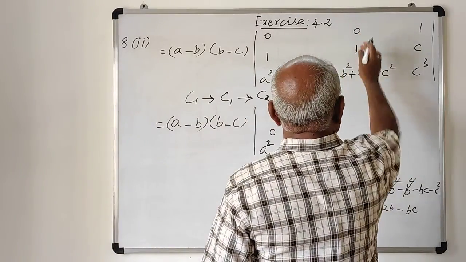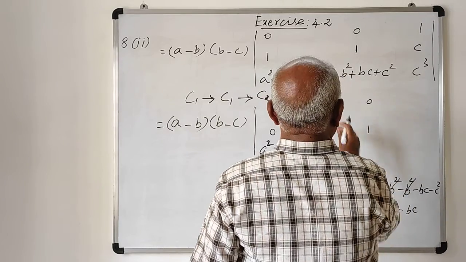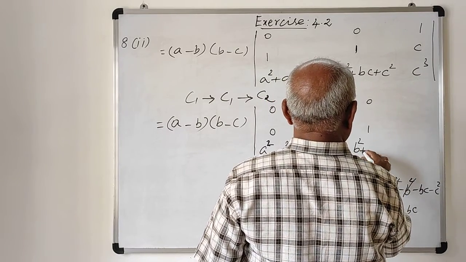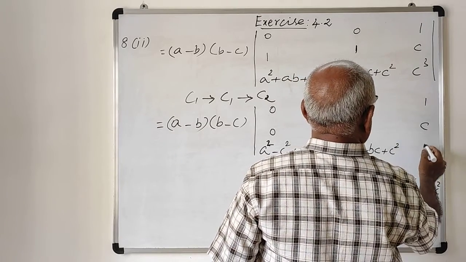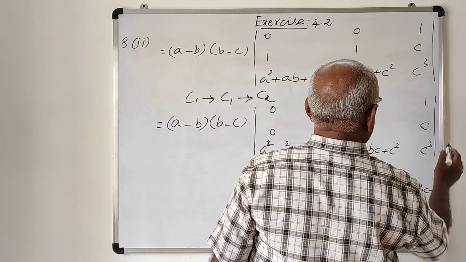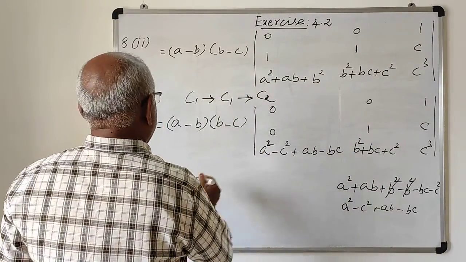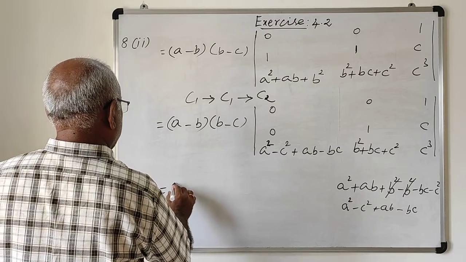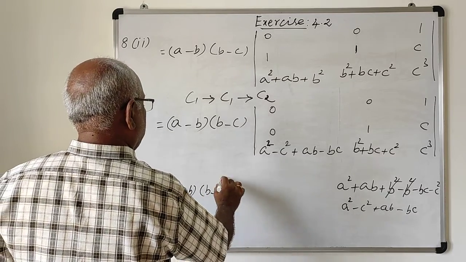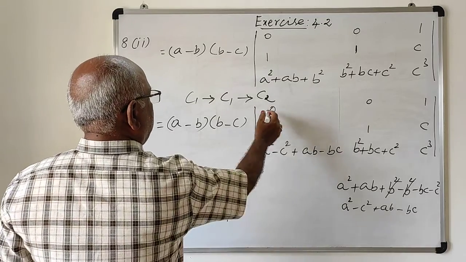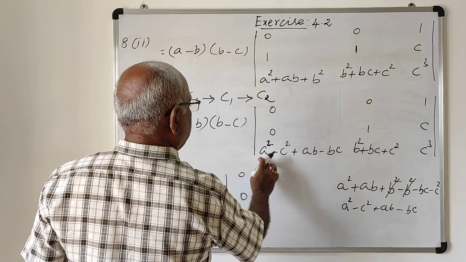Next, 0, 1, b square plus bc plus c square, and the third column is 1, c, c cube. Here also, this is (a minus b) into (b minus c) determinant, with 0, 0 and a square minus c square.